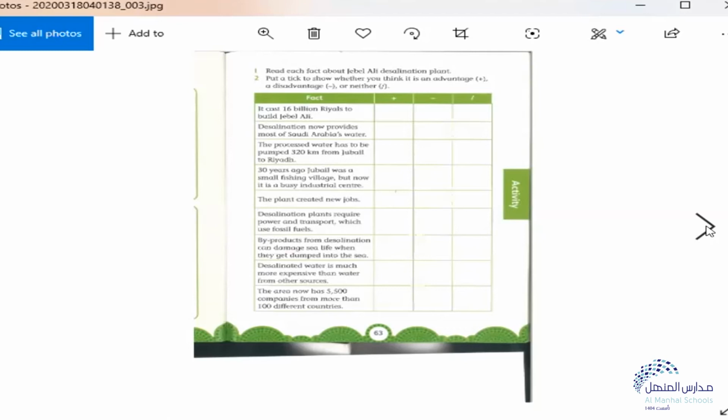Number four, 30 years ago, Jubail was a small fishing village, but now it's a busy industrial center. You can say it's a plus because people now have work. You can make a tick there and a plus. The plant created new jobs. Make a plus there.